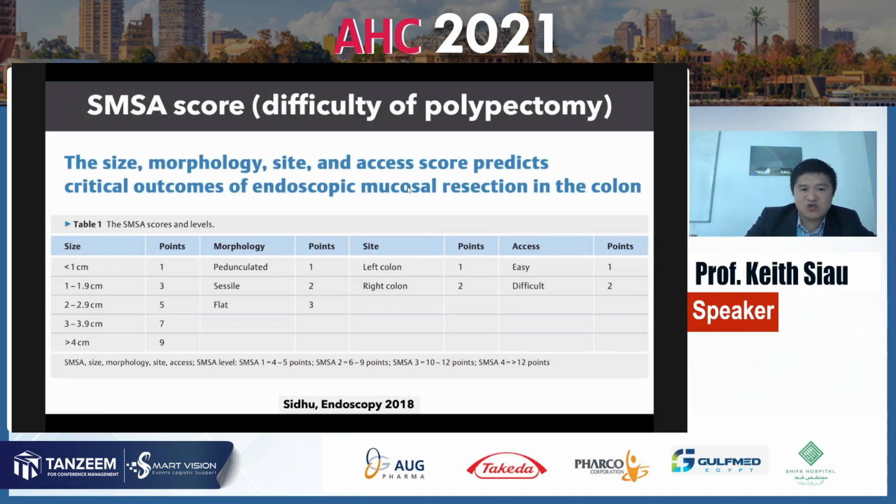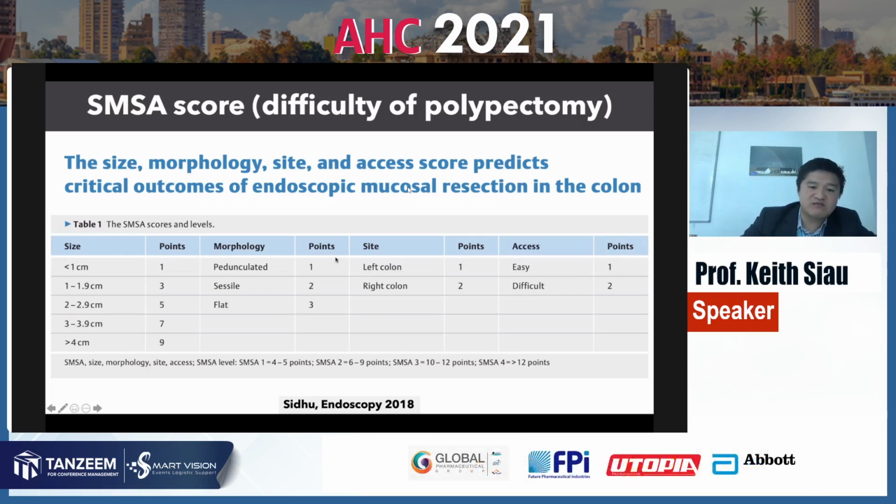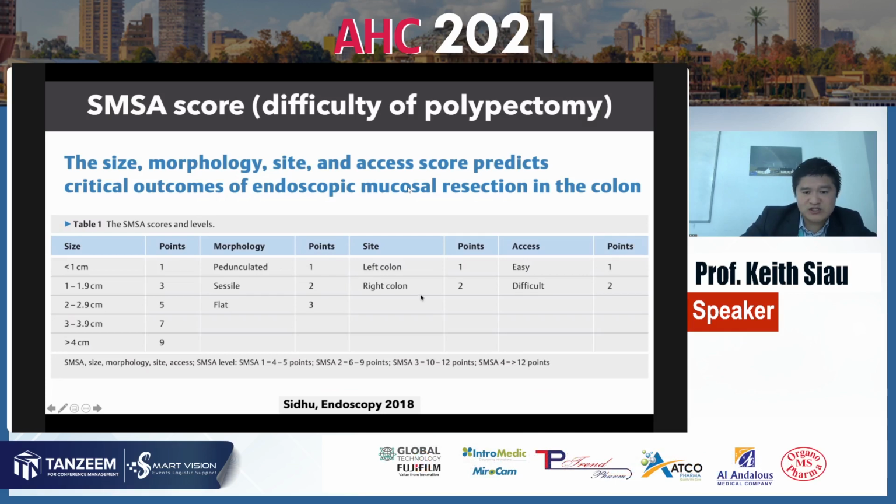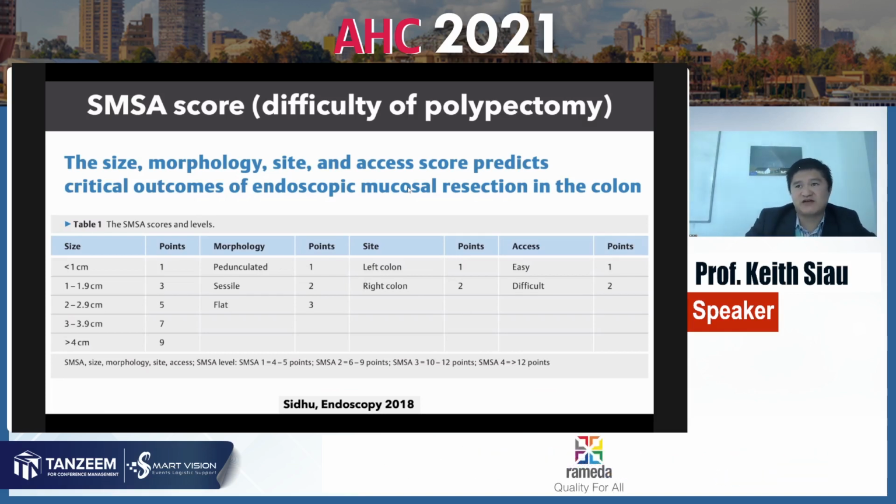The SMSA score stands for the size, so that's in centimeters. You have points for size. You have morphology, so flatter ones carry a higher degree of difficulty than those with a stalk, which is self-explanatory. Same with the ones in the right colon, and same with the ones that have difficult access, for instance, on a fold that is difficult to reach, on the diverticular bend.